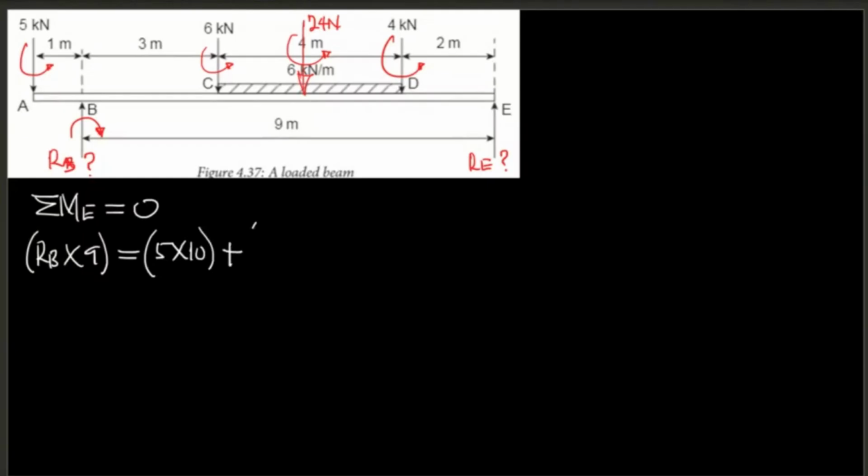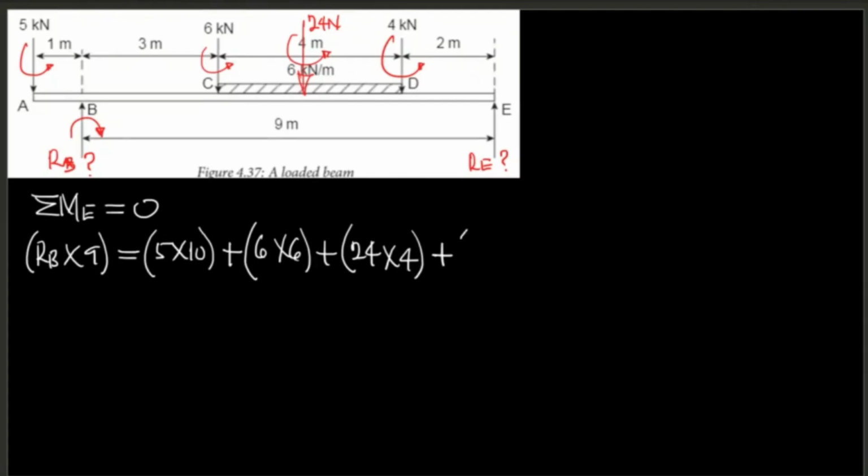Then plus, I'm adding all the counterclockwise moments now. So plus 6 multiplied by 6. Then plus the force at the center, which is 24, so 24 multiplied by 4. It's acting at the center: the distance there is 4, half of that distance is 2, and 2 plus 2 gives you 4.